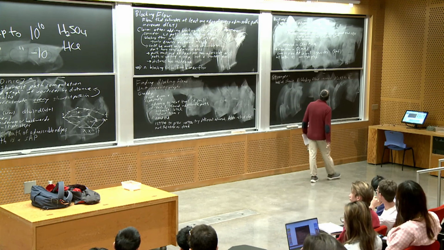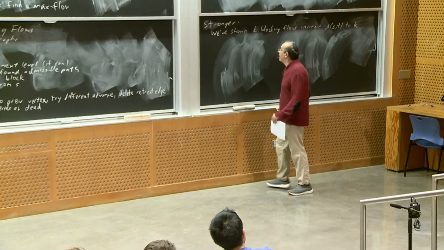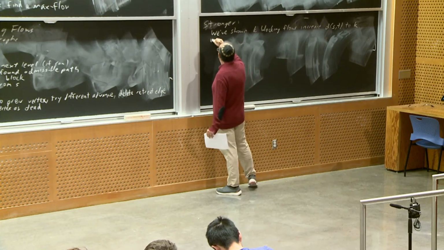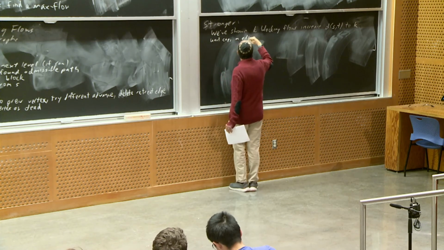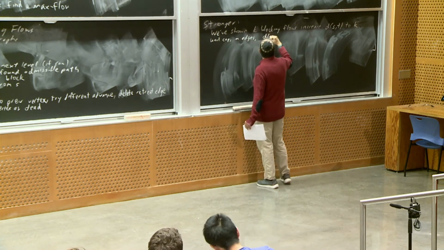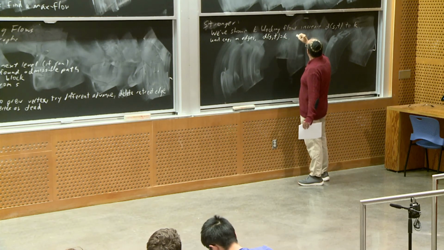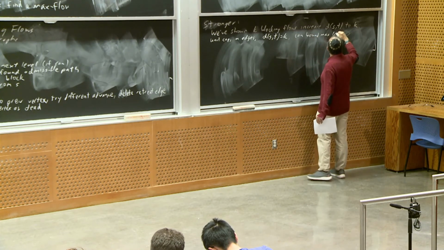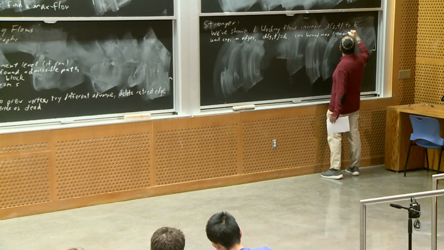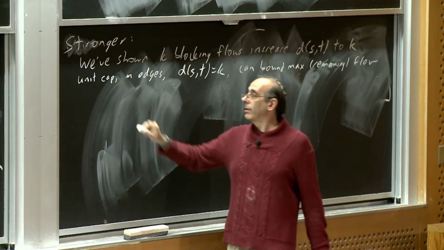So let's think back for a moment to the argument from maximum capacity augmenting path. If we have a unit capacity graph with m edges, and the distance from s to t is equal to k, can we bound the max remaining flow in this graph?